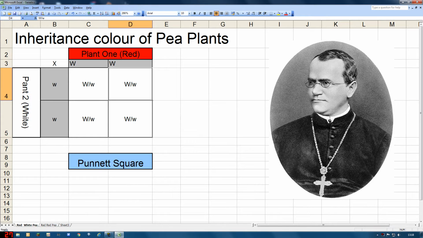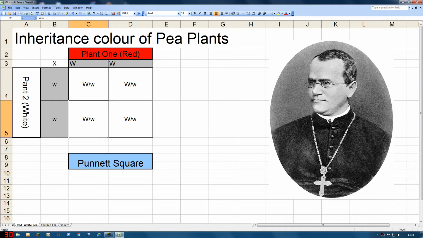One is the dominant allele and one is the recessive allele, and we know that the dominant allele is red, and therefore each of these possible pairings will produce 100% red plant, because red is dominant. So each pairing between plant 1 and plant 2 will produce offspring that are 100% red.